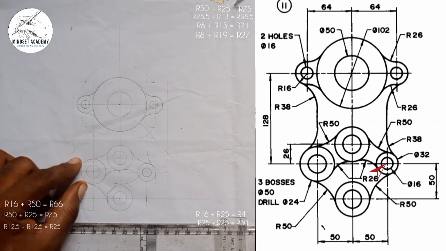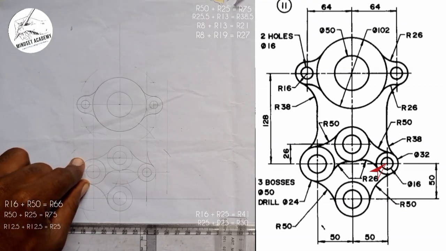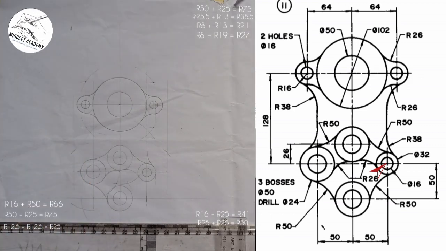Now this has its own dimension too, right? So what we're going to do is, the radius of that particular boss there is given to be 12.5 from 50, because normally the radius is 25, but due to the fact that we're using half of the full size, we're going to be using 12.5.